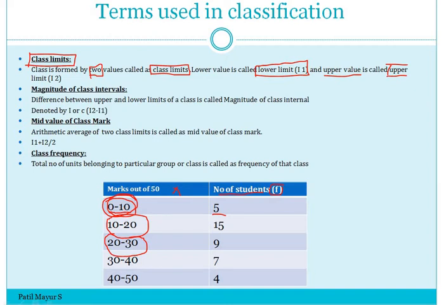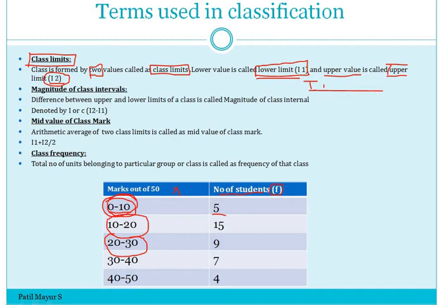The lower value is called lower limit, denoted by l1, and the upper value is called l2. In this case 0 is the lower limit of this class interval and 10 is the upper limit.